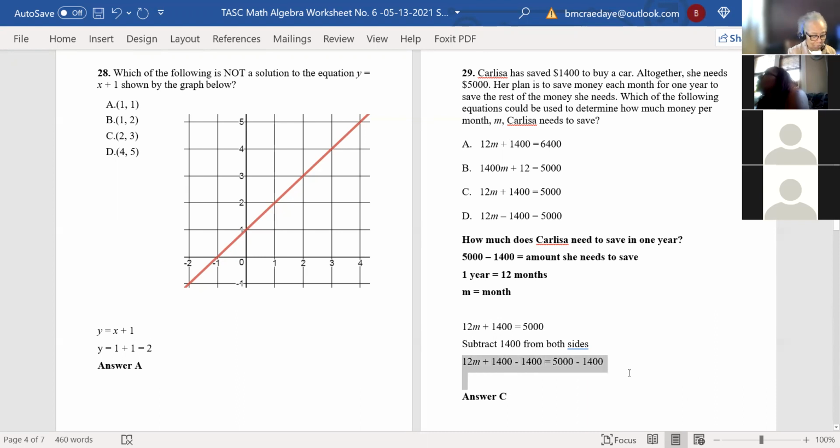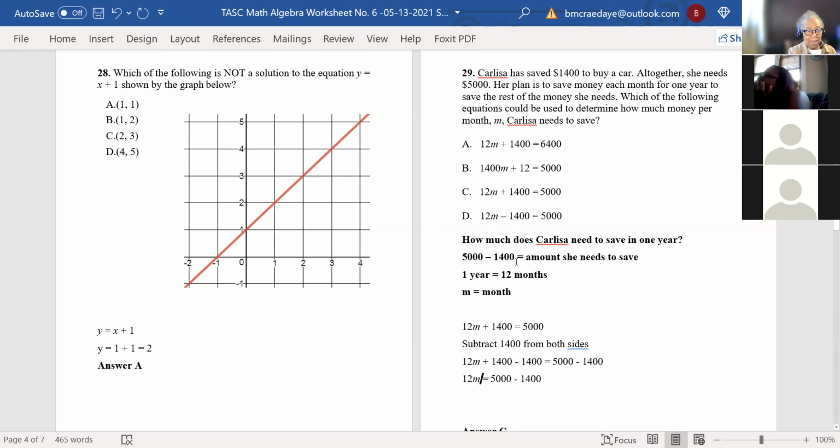So let's just write this. 1400 plus and a 1400 minus gives you 0. So you'll have just 12m left here, right? And I really can just stop right here. Now, which one of those gives you 12m equal 5,000 minus 1400? The one that says add, because here you're going to subtract, right?